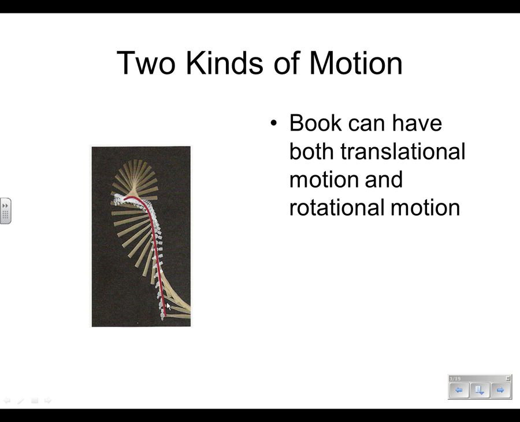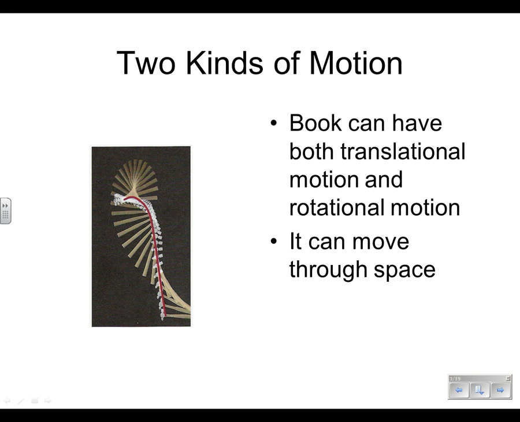The hammer in this picture and the books in the previous slide can have both translational and rotational motion at the same time. So far in this unit, we've limited ourselves to just looking at and describing the rotational motion, but we can start having those things at the same time.